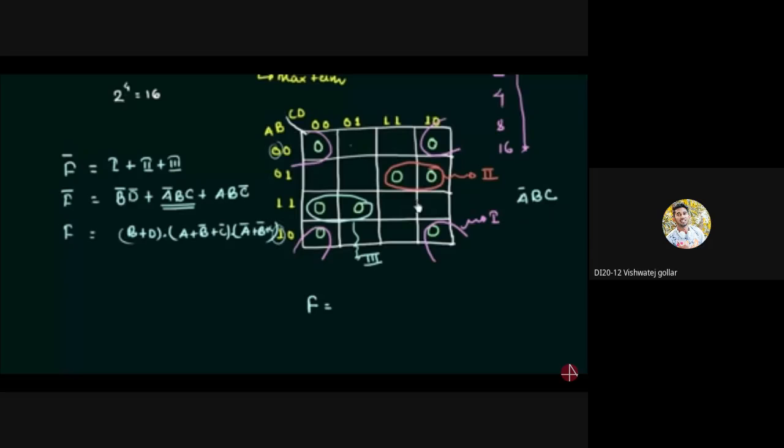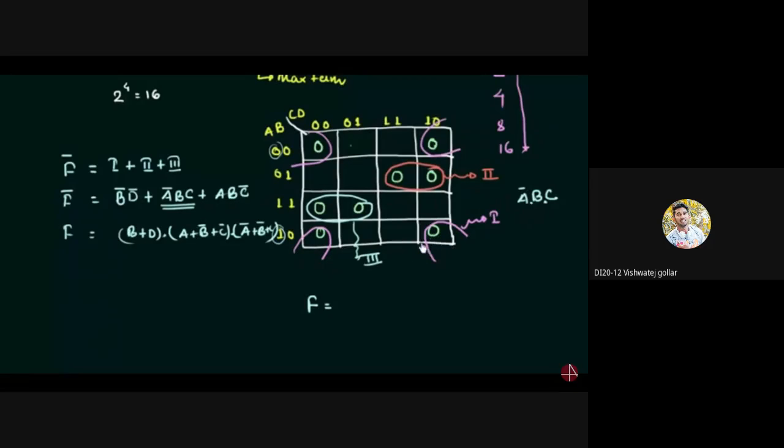But what we will do now is two things. If any variable is 0, we'll write it as A instead of A complement, which means low is considered to be high and high is considered to be low, and also this AND operation is considered to be OR. Okay, so let's see how we can do it.